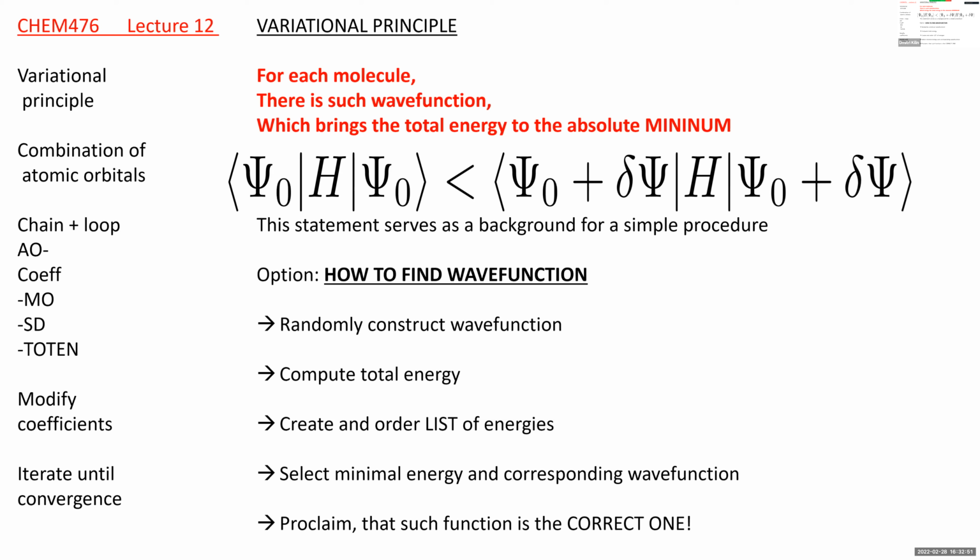We make a small change and then look whether it increases or decreases energy. And it makes it very much similar to the idea of geometry optimization. For geometry, we slightly changed positions and inspected whether it gives an increase or decrease of energy. Here, we just change the shape of the wave function and see whether it increases or decreases energy.